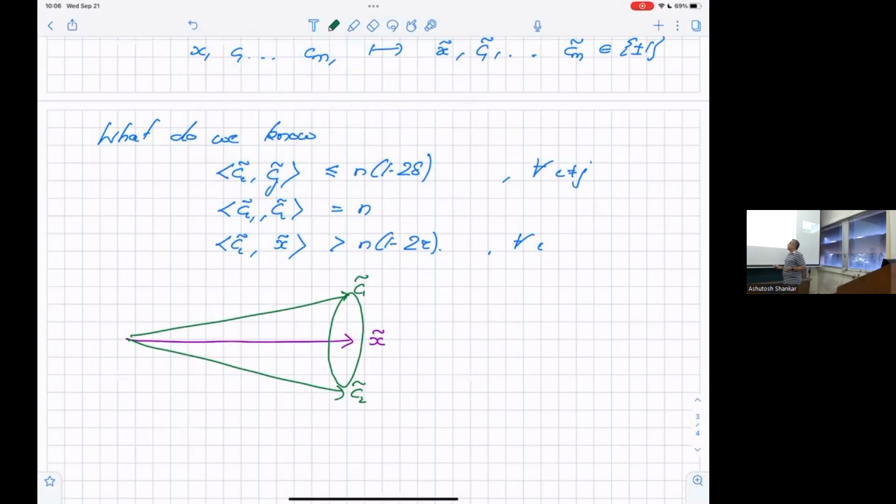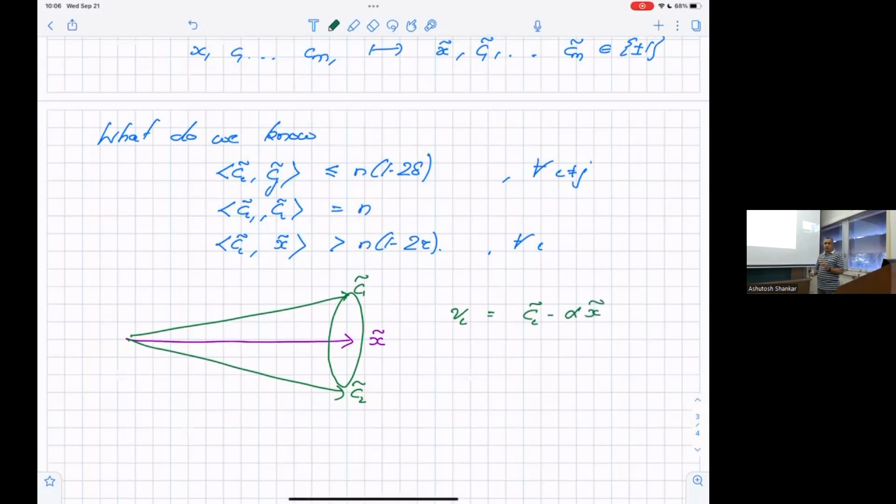So how do you appeal to the geometric lemma from this? What we will do is construct new vectors vi of the form ci tilde minus some alpha times x tilde.